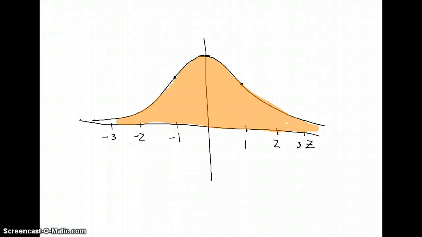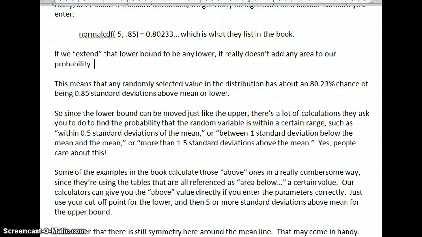If you wanted to find all the stuff above here, you just calculate this area from 2 to 10 or something. It would give you all that area. In the book, the table only gives values below, so if you want above, you have to figure this out and subtract from 1. I mean, it's kind of a big disaster. Your book doesn't plan on you necessarily having a TI-84, which you do, which helps a lot.